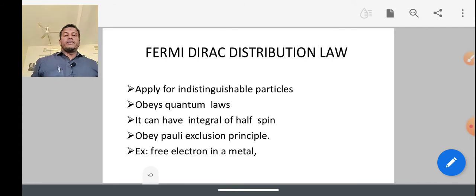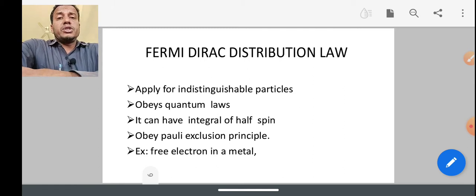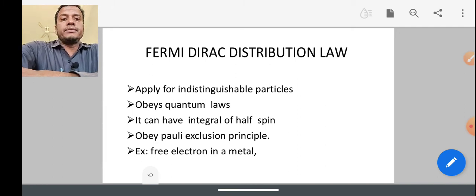The FD distribution law is applicable to identical, indistinguishable particles. Indistinguishable means they are the same kind of particles. They obey quantum laws, as quantum mechanics can be applied here.